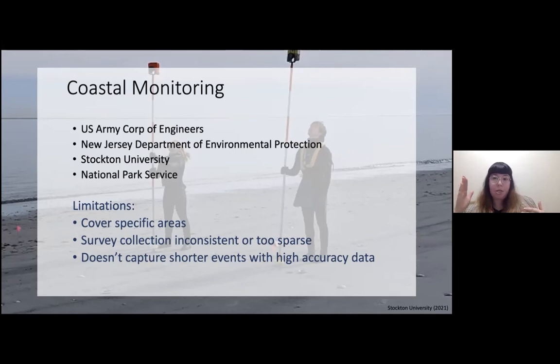However, they're looking at 1 mile intervals along the shore. They're measuring 2 times a year, and they're using traditional survey methods. So this is more of a long-term data set that's a little more sparse and doesn't really center in on the scale that we're trying to look at in this study.